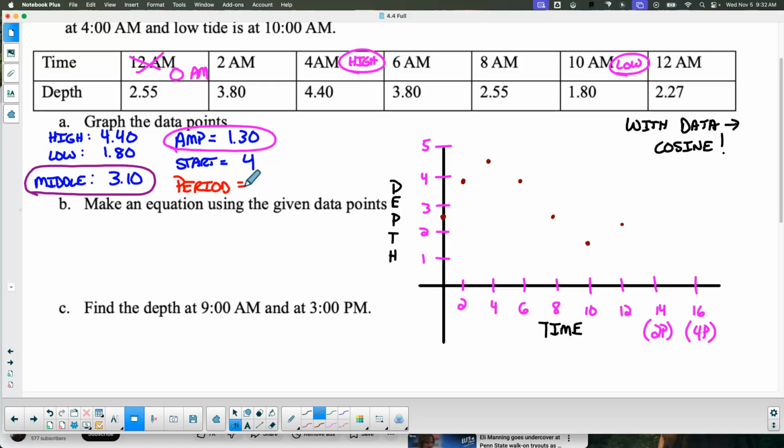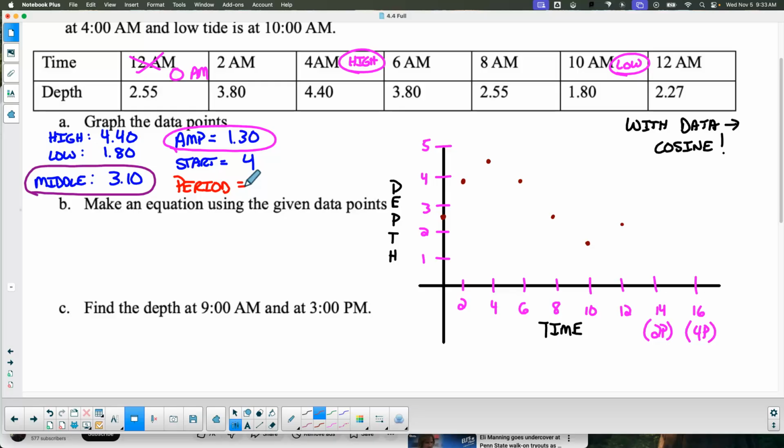The period. You tell me. You gave me two numbers. Let's use some logic here. What do you got? 12? Why 12? On a cosine curve, from the high to the low is half of the period, right?